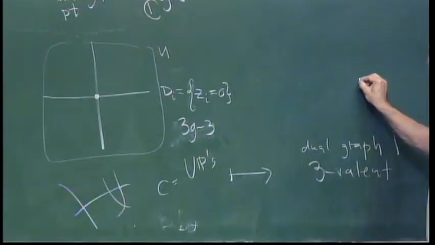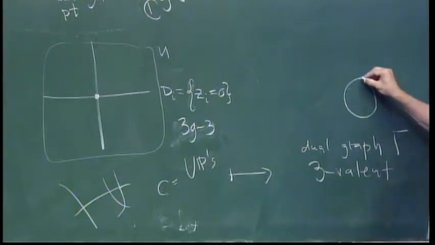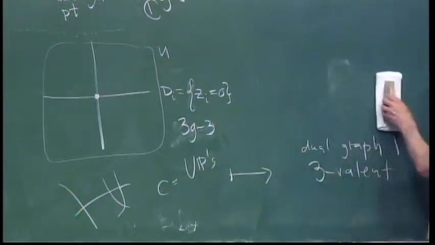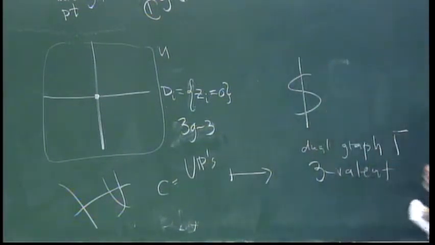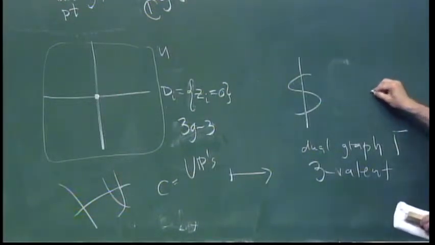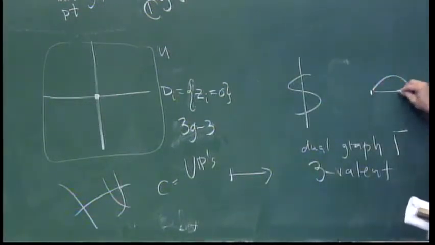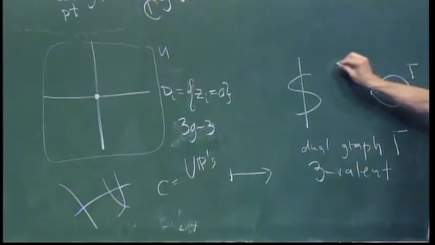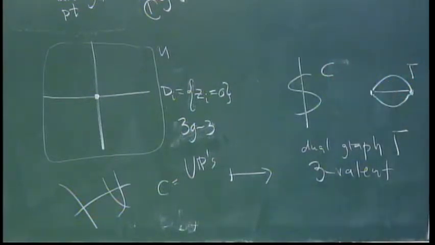So here's the simplest case, maybe, when your curve is a sigma curve, yeah? And the graph is this graph. That's gamma, that's C. And this is a curve of genus 2. Okay.